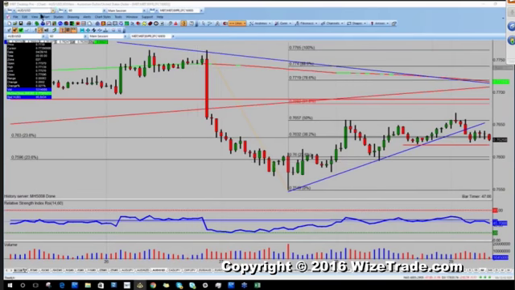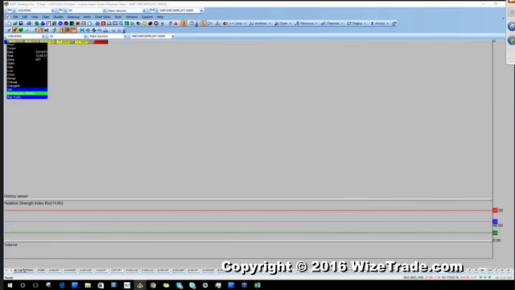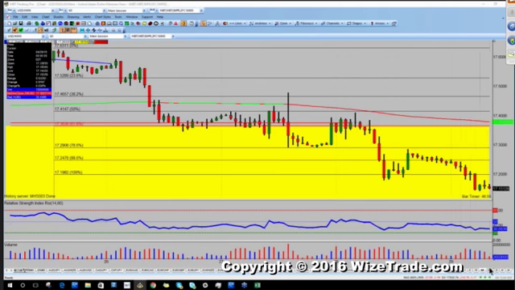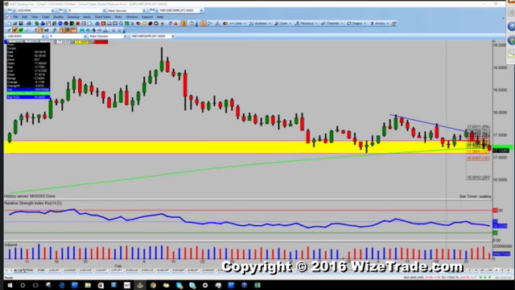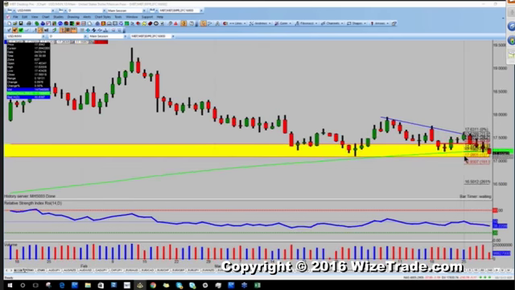Peso. Peso's weak. I'm a little concerned about this one. We are at the lower end of this big yellow box that I've got up on the screen, right? And I'll be really concerned should we break below 7.08. We've been there before. The low actually is 7.09.